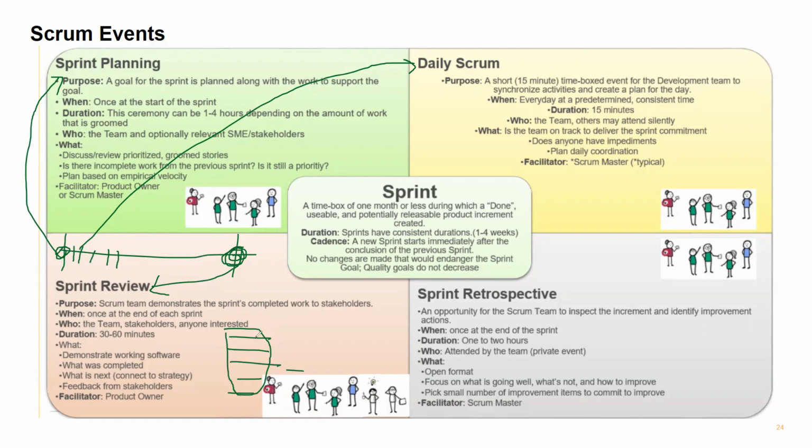The team members will come and demonstrate: I have developed this, I've completed this. They showcase it to the stakeholders and the product owner, and they give feedback so that we might amend something. That is what they try to do here.